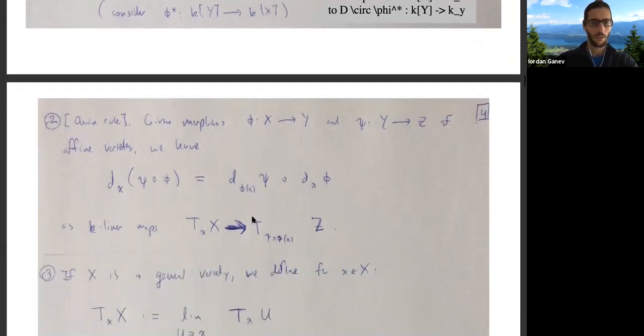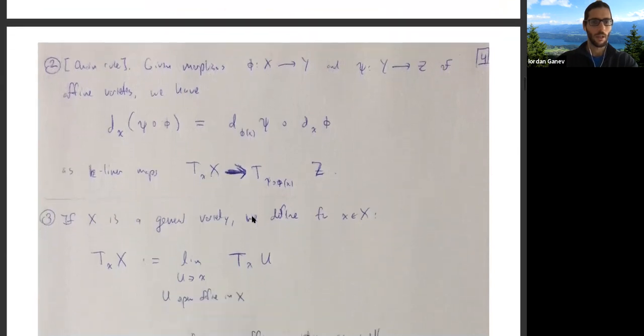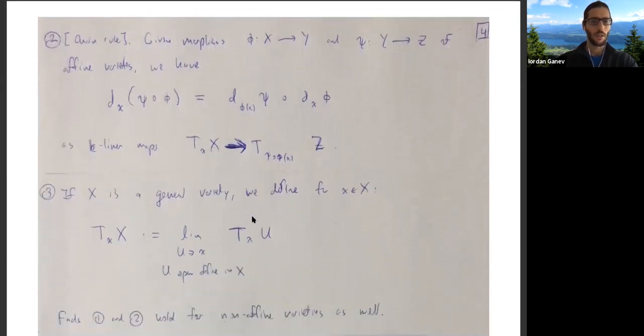So now that we have those things, we can define the tangent space of a point in a general variety as a limit of tangent spaces. If we have a point little x in a general variety X, then we can think about all open affines in X that contain this point little x, and we can construct this limit.